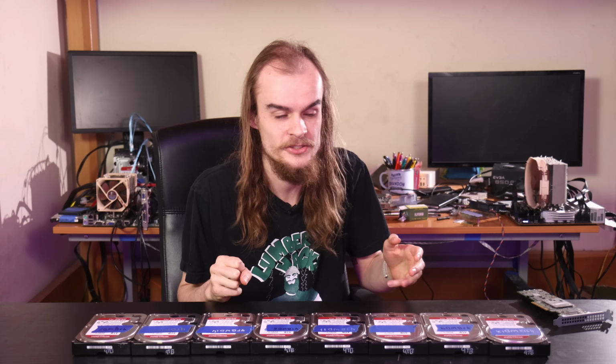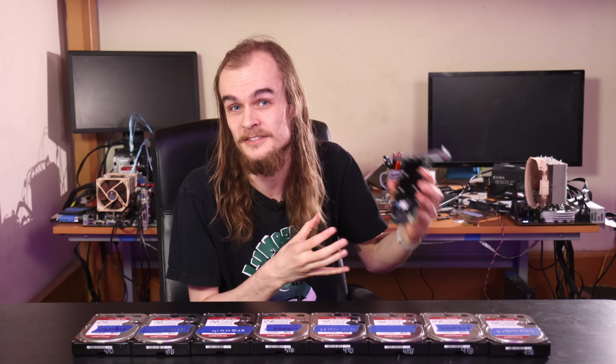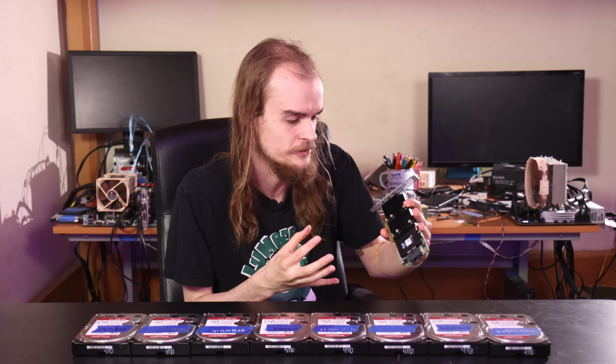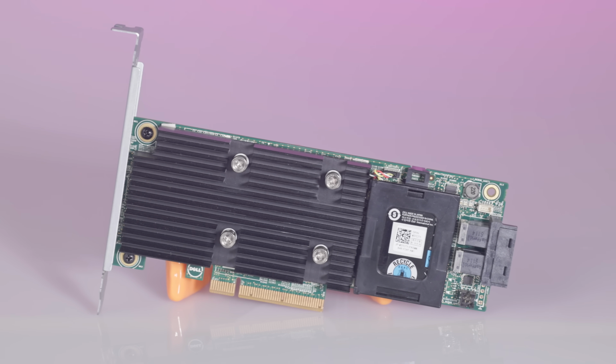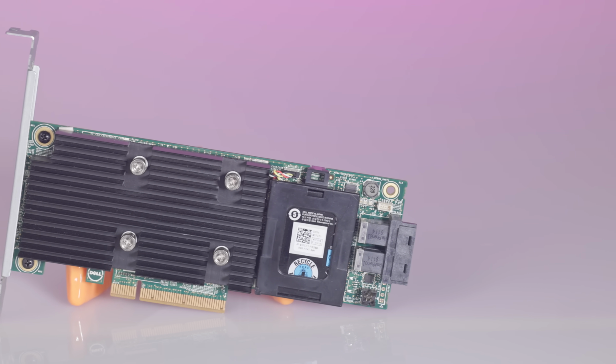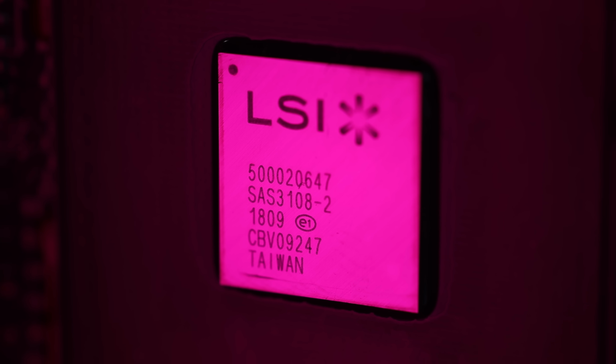Starting off with a comparison of these different solutions, I want to go with what I generally consider to be hardware RAID and software RAID and some general overviews. This is what I consider to be a more traditional hardware RAID solution, a Dell H710P. This card has a chipset that manages all the RAID calculations, so the CPU on the system doesn't have to do anything.